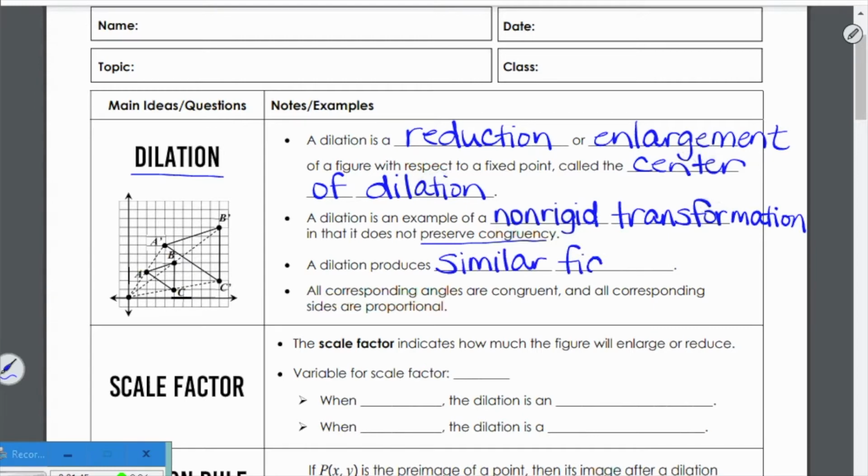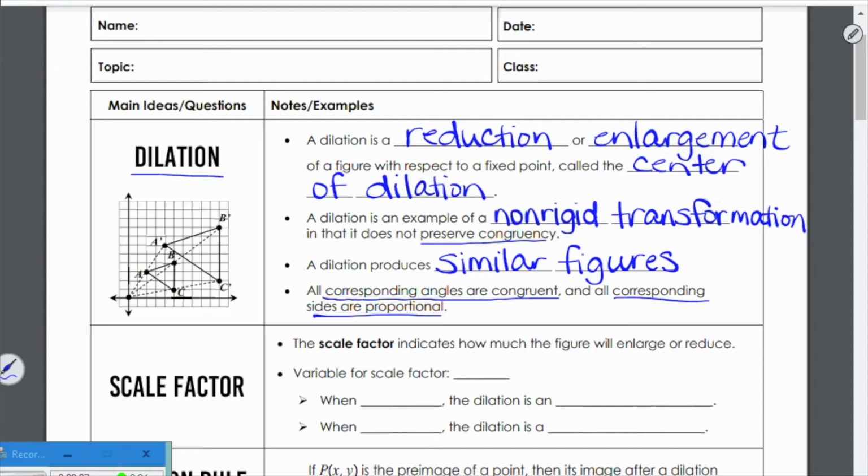Okay, and similar figures have corresponding angles that are congruent, but the corresponding sides are proportional. So let's look over here to the left at our two shapes. We have triangle ABC, which is the small one. That's our pre-image.